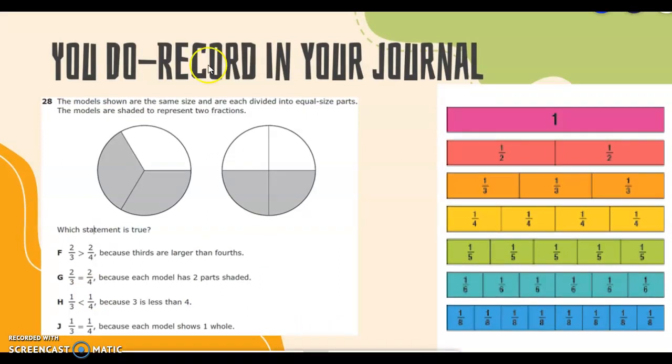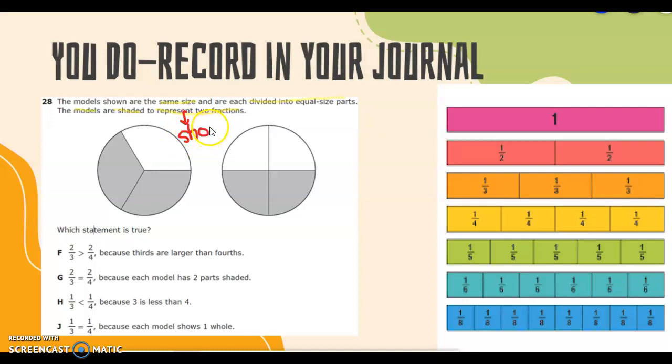So I am going to highlight the fact that I have models that are the same size and they are divided into equal parts and they represent two fractions, the shaded. And I'm going to also include show because I know that when it's representing something, it's trying to show me something.